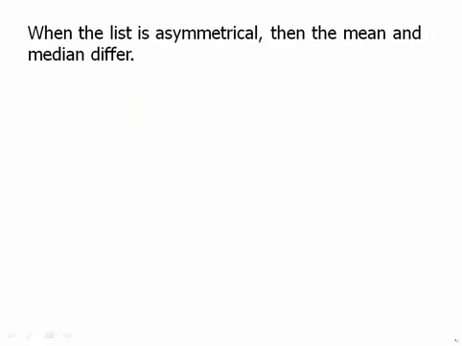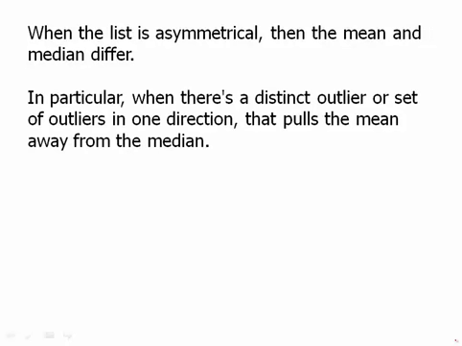When the list is asymmetrical, then the mean and the median differ. So that's when you get a difference, when there's an asymmetry on the list. In particular, when there's a distinct outlier or set of outliers in one direction, one particularly high score, one particularly low score, that outlier pulls the mean away from the median.